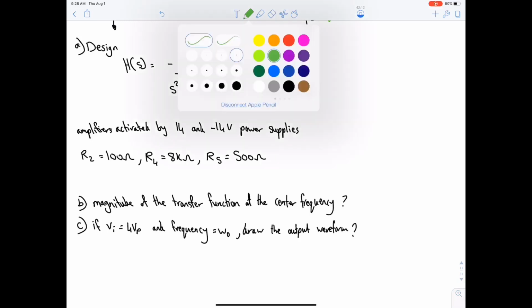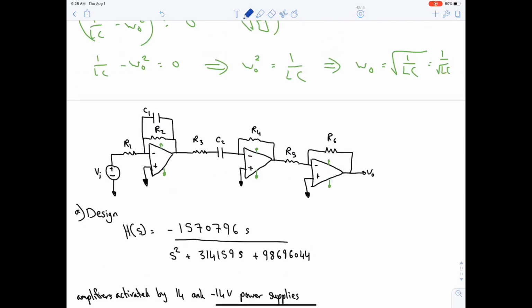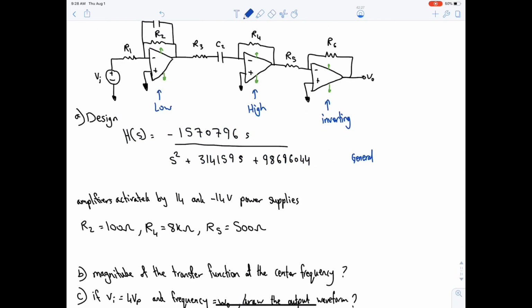Okay? Before we start analyzing the question, this is the low, this is the high filter, and this is the inverting. Okay? What is the general equation for active bandpass? It's H of S equal to beta S over S squared plus beta S plus omega naught squared, correct? Okay.